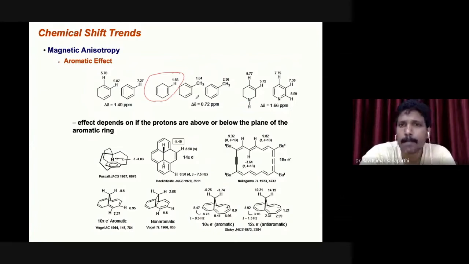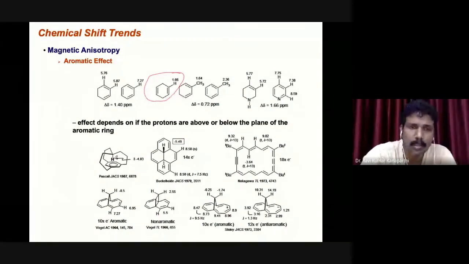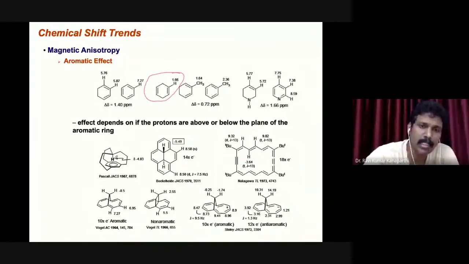Then these are other examples, and I discussed the aromatic ring, and if certain substituents are above the aromatic ring, then such a proton is present in the shielding region, and its chemical shift value will be found near the TMS signal, or sometimes even lower than the TMS signal, that is 0 ppm.